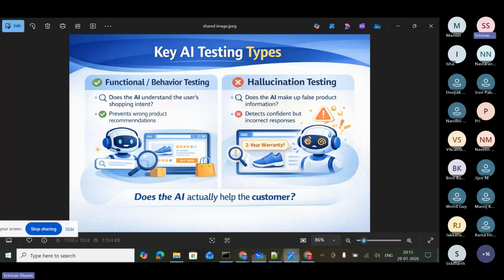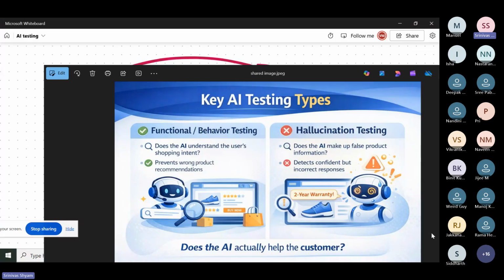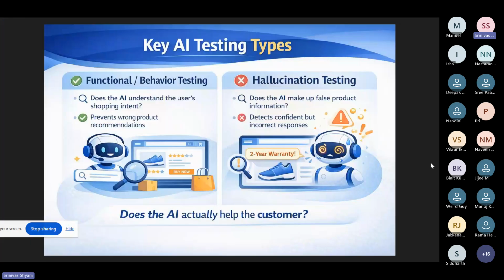The first one I will speak about is functional or behavior testing. What happens here is the AI will misunderstand what the customer is asking. It will be like your AI is not understanding what the real question was. So why do we do this testing?